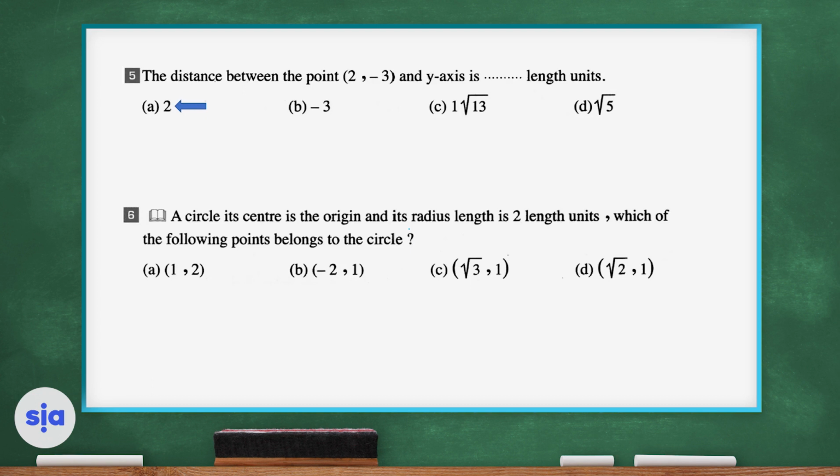If you do your calculations, you will see that in choice C, the square root of x squared plus y squared is equal to 2. So in this case, the right choice here is choice C.